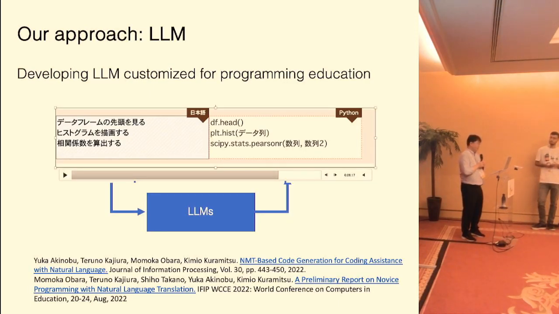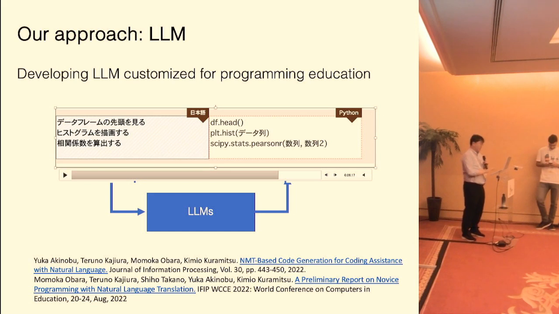Our approach is using an LLM, a large language model. It's based on deep learning techniques. Actually, 3 years ago, I started developing an LLM customized for programming education for Japanese students.